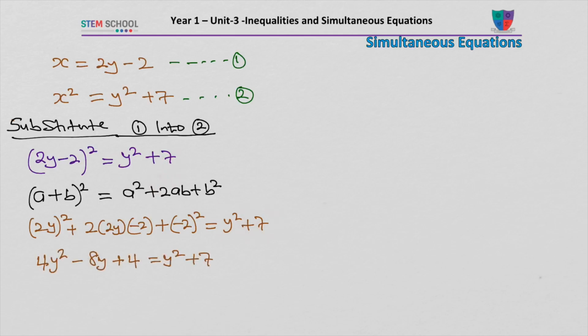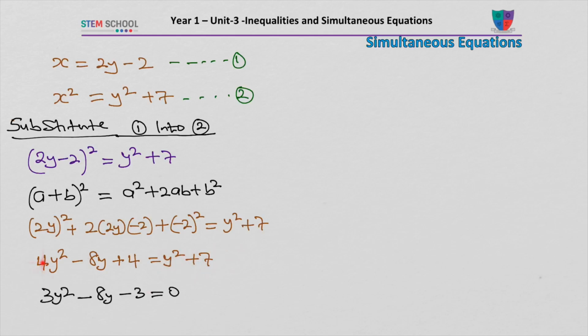So (2y) squared is 4y squared. 2 times 2y is 4y, times minus 2 is minus 8y, plus minus 2 squared is plus 4, equals y squared plus 7.